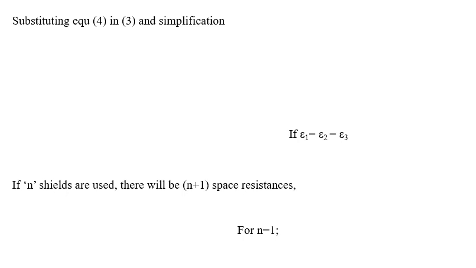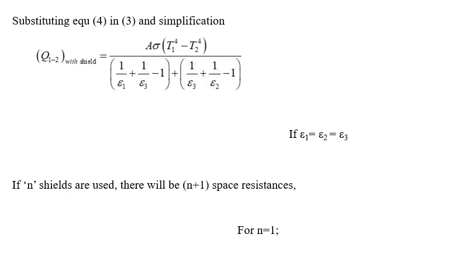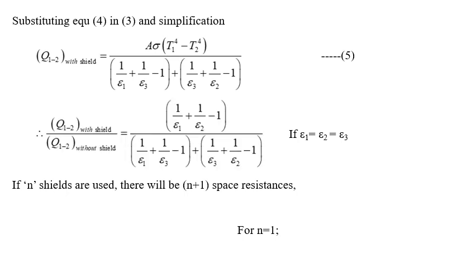Now substituting equations 4 and 3 and simplifying, we get Q with shield is equal to A into sigma (T1 to the power 4 minus T2 to the power 4) divided by 1 by epsilon 1 plus 1 by epsilon 3 minus 1 plus 1 by epsilon 3 plus 1 by epsilon 2 minus 1. That is equation number 5.